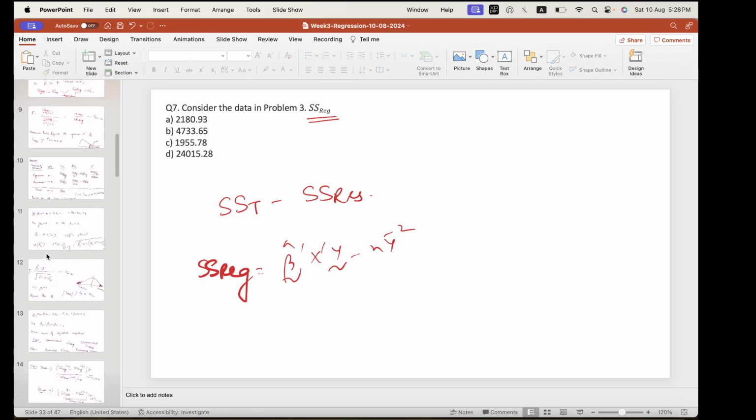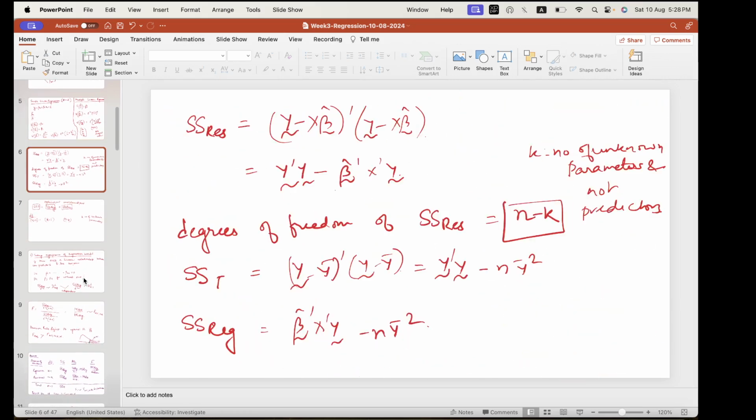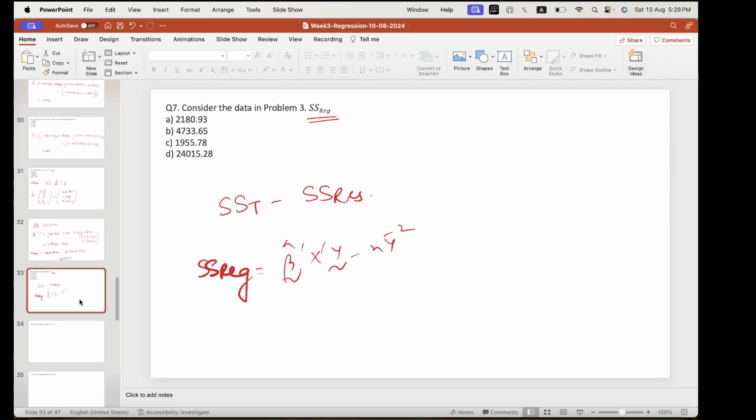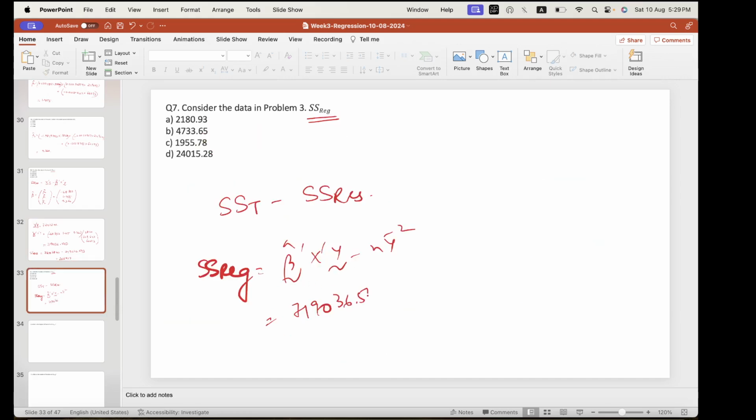Okay, here we wrote it. So since we already have this, it amounts to what? We calculated in the previous one 719036.543 minus 21 into Y bar whole square.